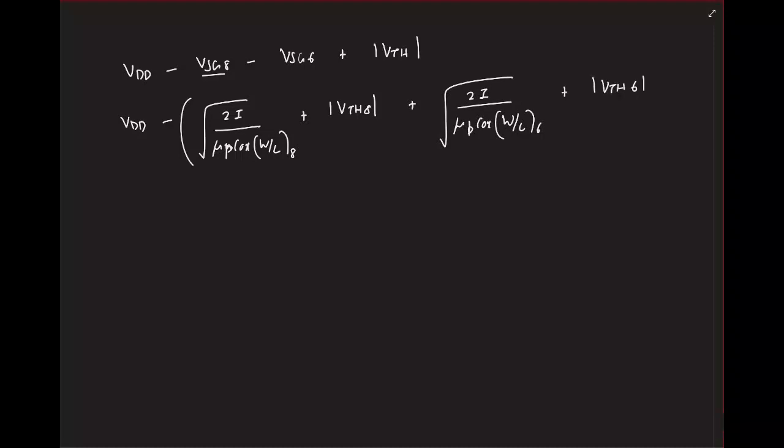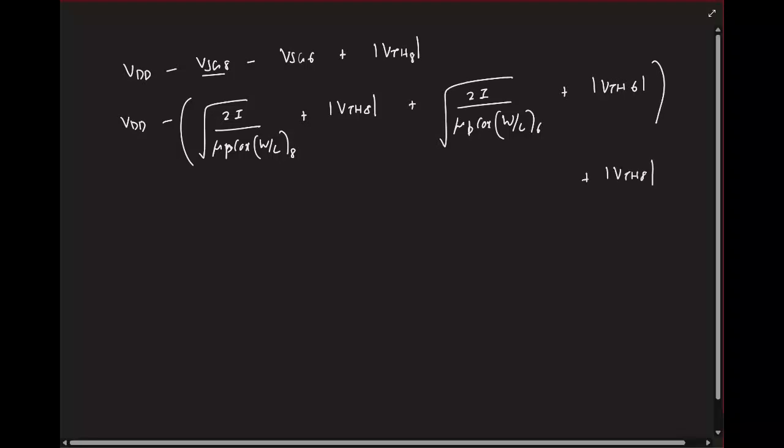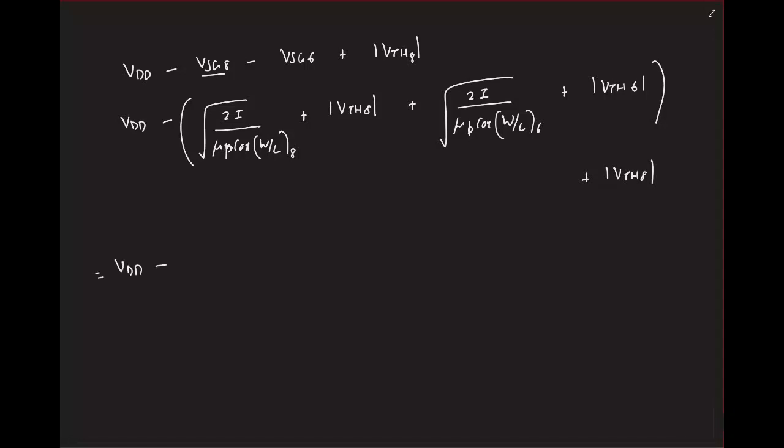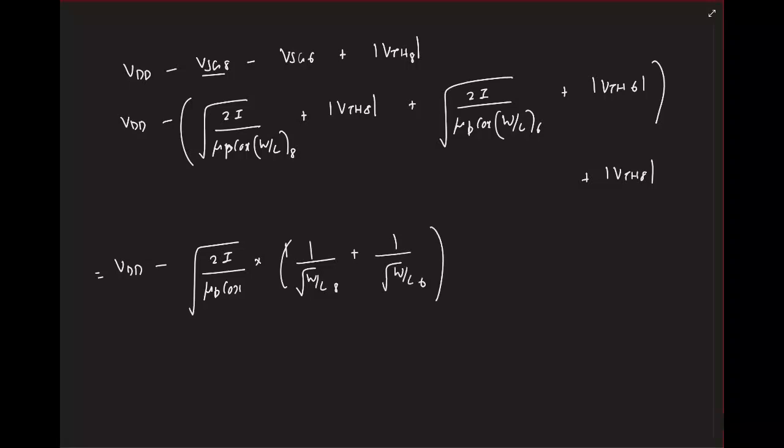I think this was M8 or M6, I forgot. So let's say this is mod VTH8. So this is what VDD minus one threshold drop is: you'll have square root of 2I by mu p COX times W by L, plus one threshold voltage of M6.